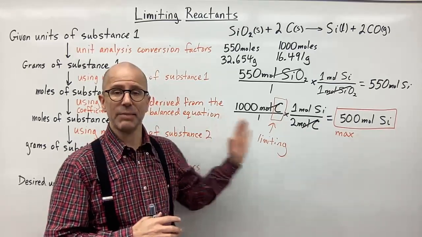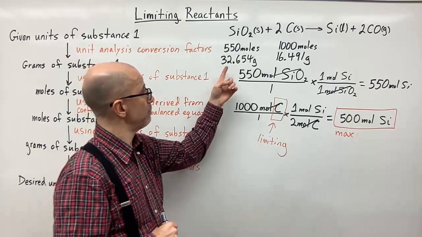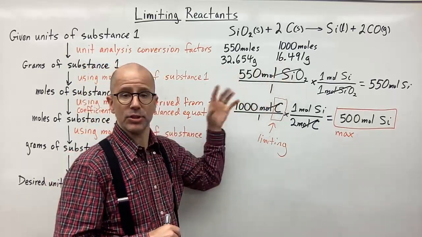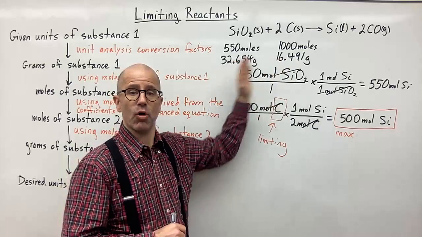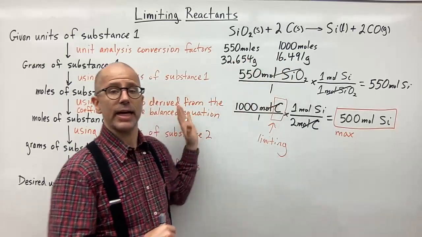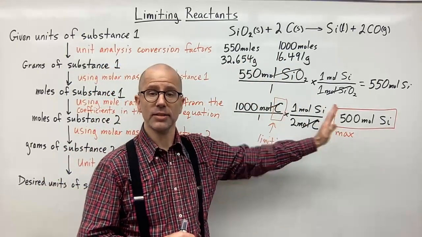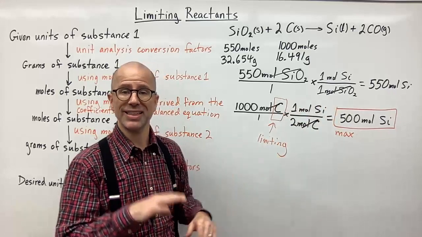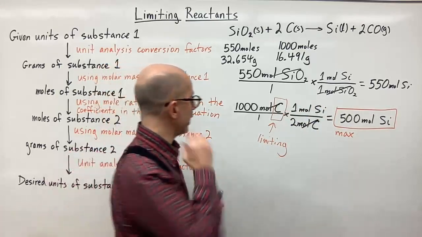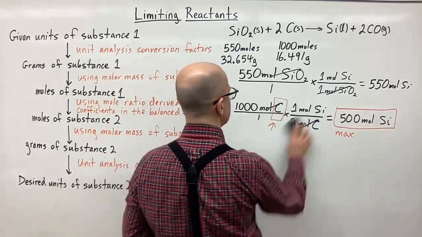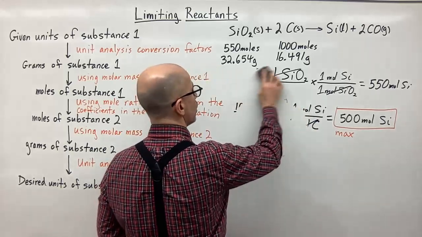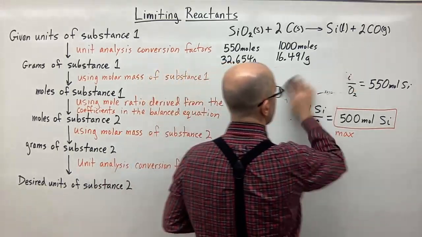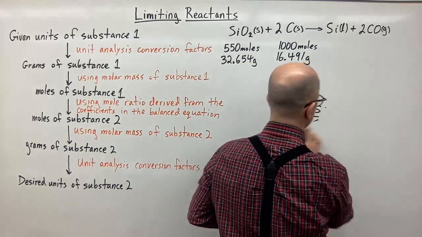You do the same exact thing. You need to take both of the gram amounts of your reactants and convert that to product and see which one gives you the lesser amount of product. So let's go ahead and erase this and we'll start over with the mass amounts that they gave us.